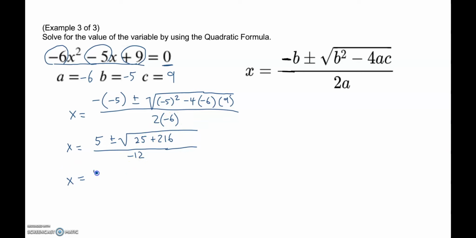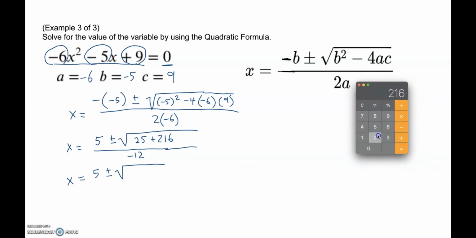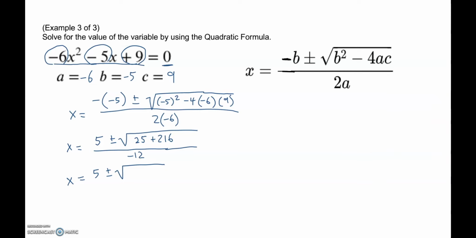Simplifying further, x is equal to 5 plus or minus the square root of, what is 25 plus 216? So 216 plus 25 should equal 241. So within the square root, we have 241 all over negative 12. Okay, let's see if 241 is able to be reduced. Trying to fit a 3, trying to fit a 4, 2 doesn't go in, 5 doesn't, 6 doesn't.